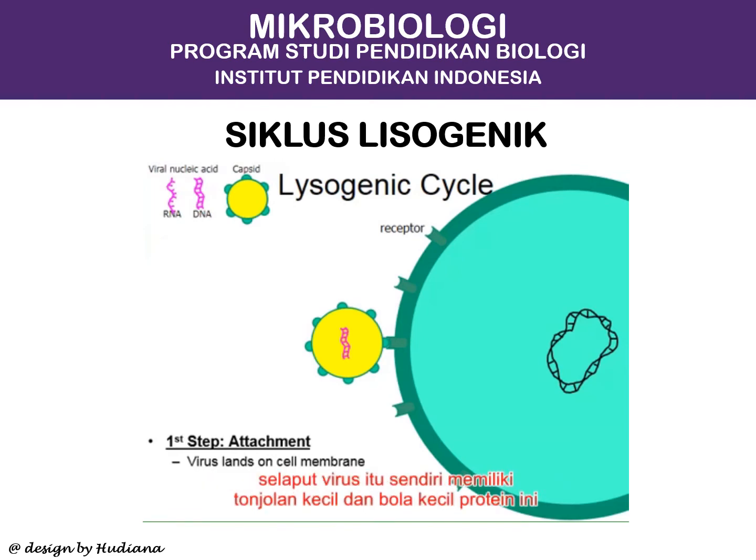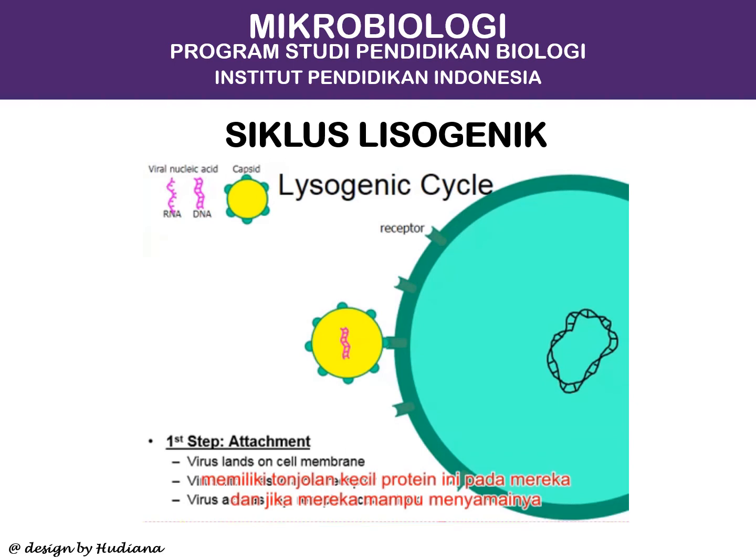The virus itself has little bumps and little balls of protein on the outer surface. So the virus will attach to these receptors. The lock and key analogy works really well here. The virus has these little bumps of proteins on them, and if they are able to match the receptor of the cell, then the attachment is successful.